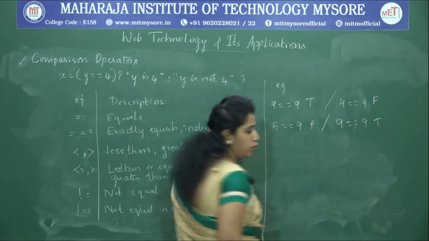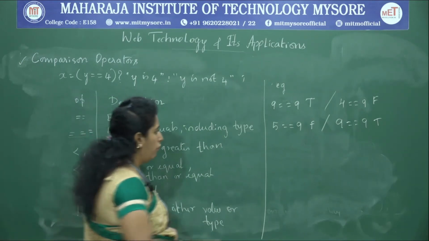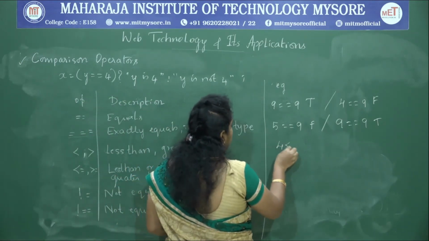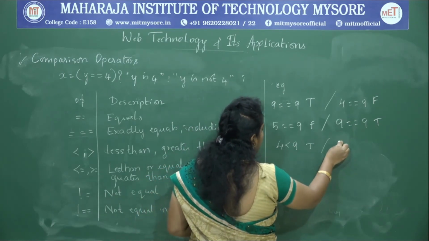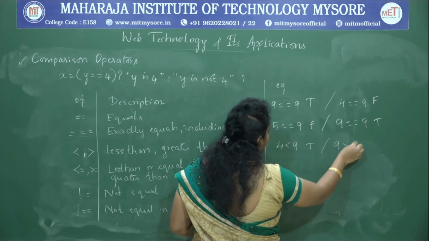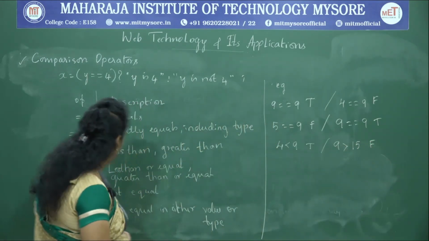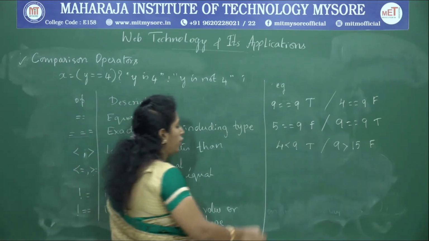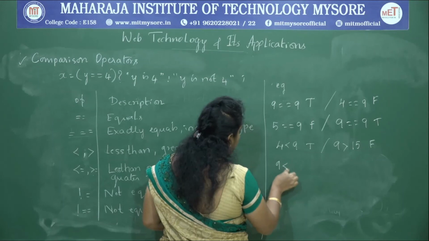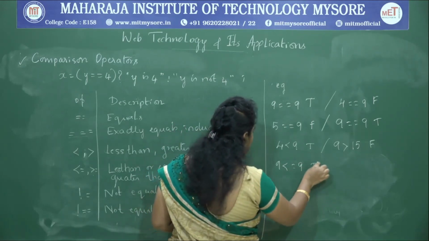So it returns true. Next is lesser than and greater than symbol. For example, 4 less than 9. It is true. I am going to take 9 greater than 15. Is it true? No, it is false. So lesser than or equal to and greater than or equal to. For example, 9 lesser than or equal to 9. That will be true only.